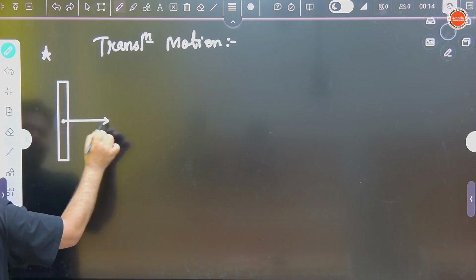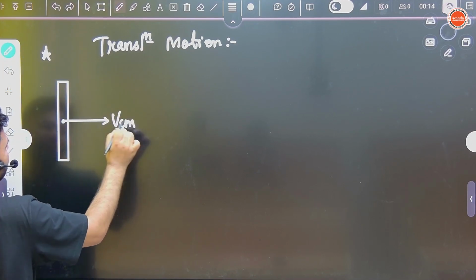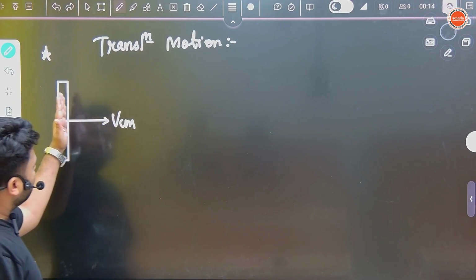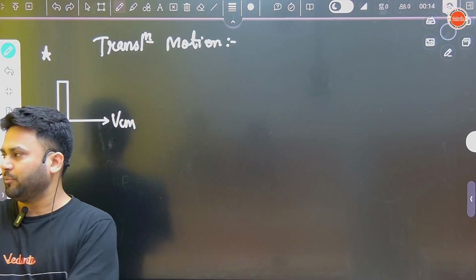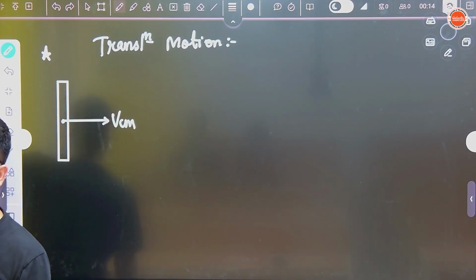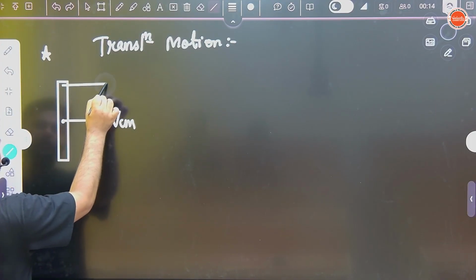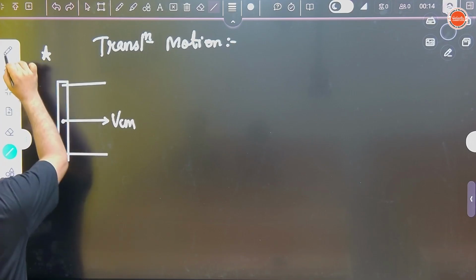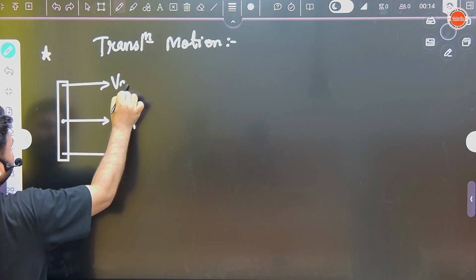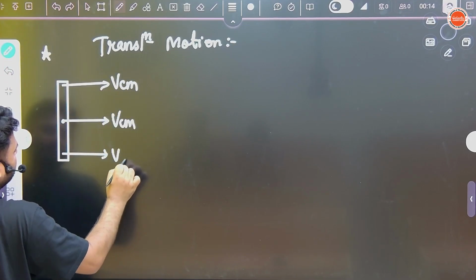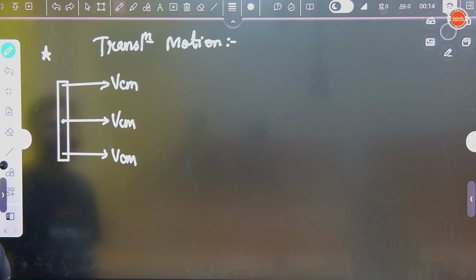Suppose this is the center of mass. So this is the velocity of the center of mass. So what will happen? All the points will move with the same velocity. Suppose this is my pen, moving with this velocity. If I say about this point, it will also move with velocity v, with VCM. So this is translation motion.